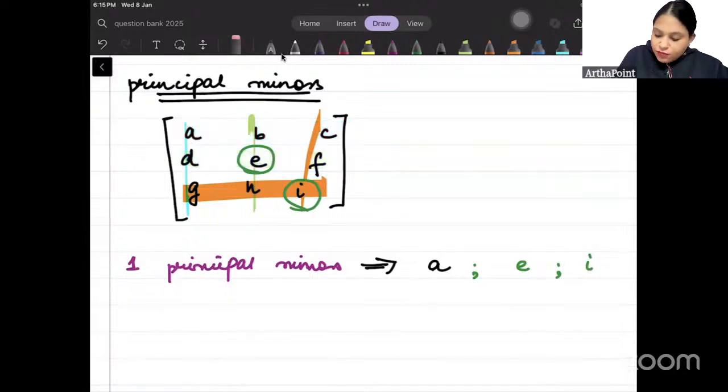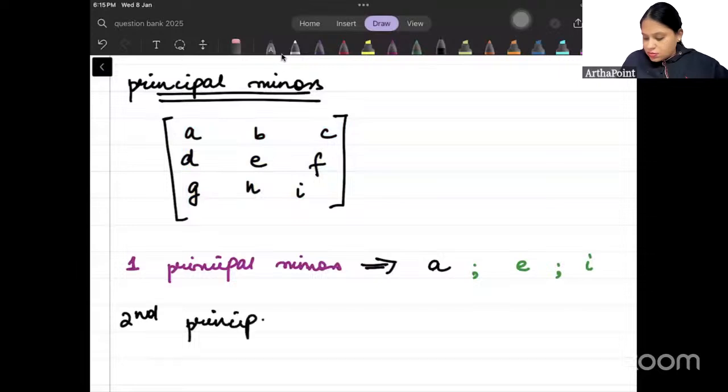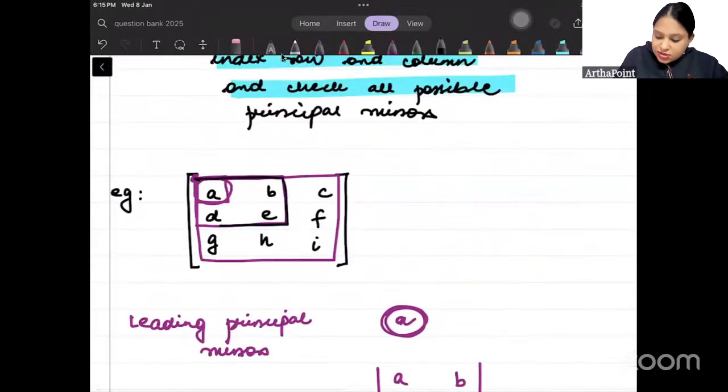Similarly, now I will go for order 2 principal minors, the second order principal minors. Earlier there was only one of them; we were going for this one, then this, then this.